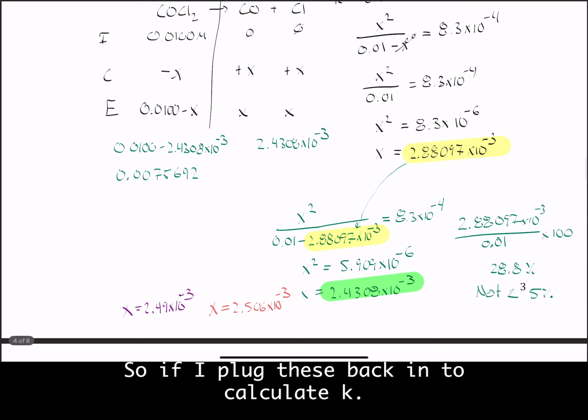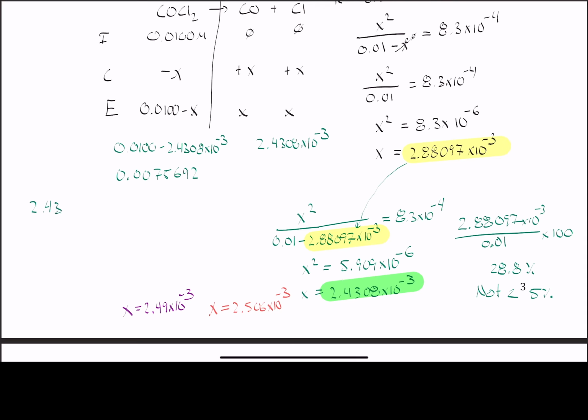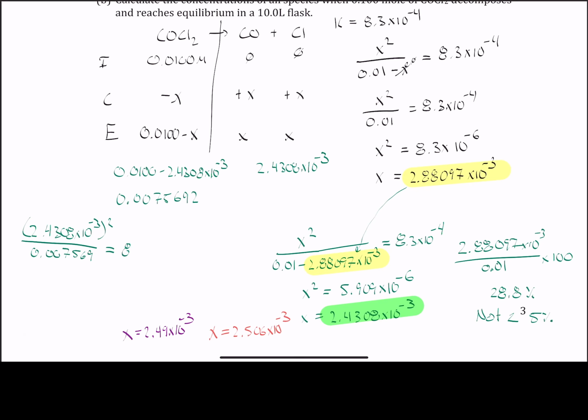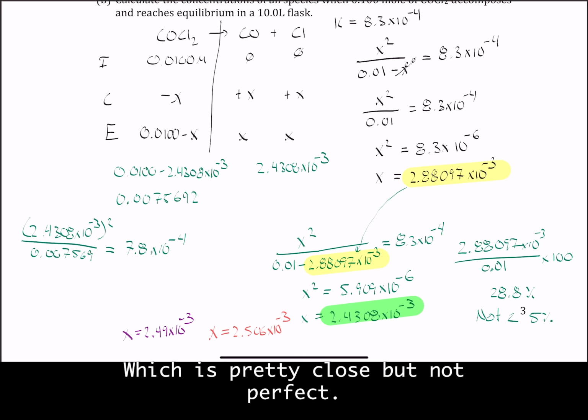So if I plug these back in to calculate k, this equals, which is pretty close, but not perfect.